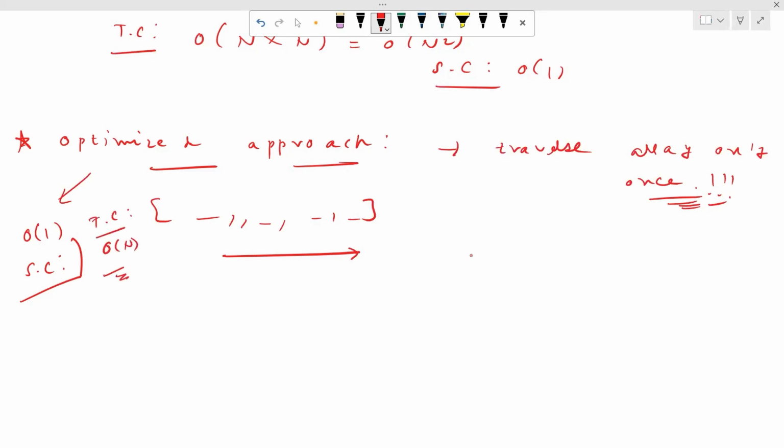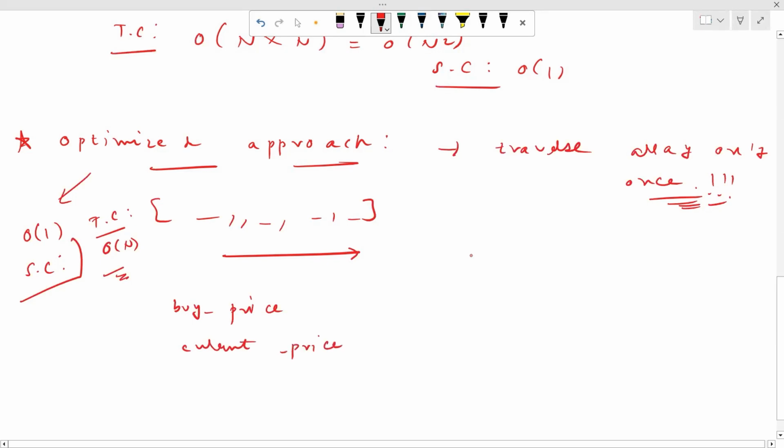For this, we'll initialize three variables, which are buy price, current price, and the third one is maximum profit.